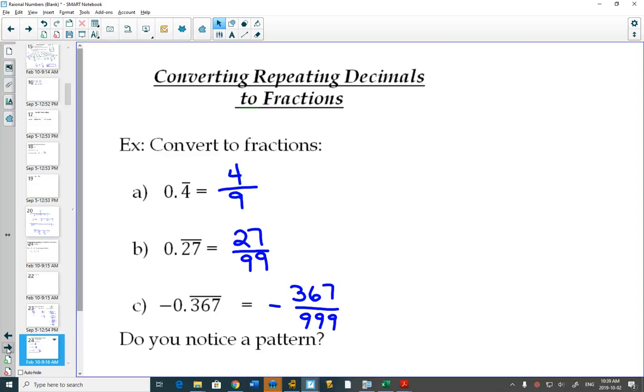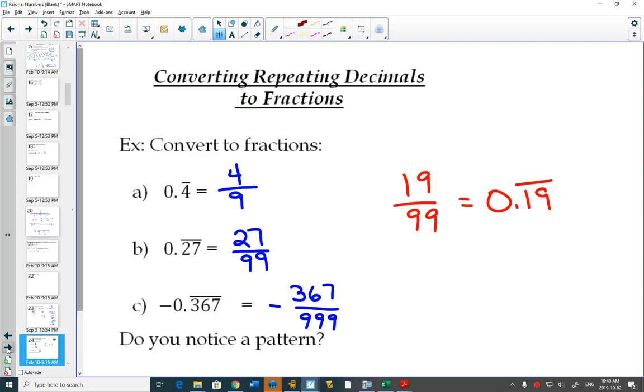So if you wanted to change something from a 99 or a 9 or a 999 back to a decimal, this would be 0.19, and it would repeat forever.